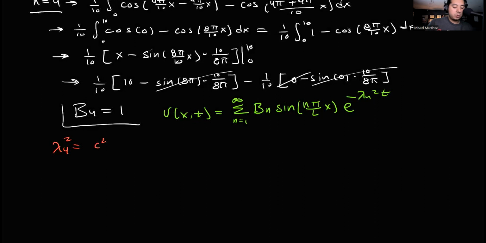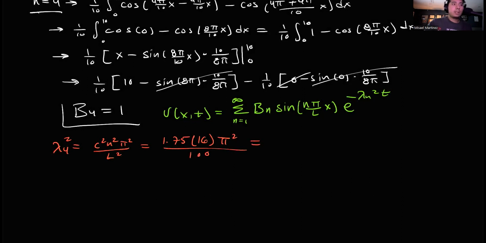It will be equal to c squared, n squared, pi squared over l squared. And c squared, we already know, is 1.75, times n squared, that will be 16, times pi squared over 100.